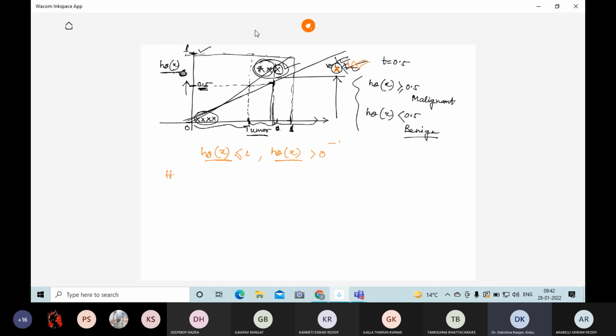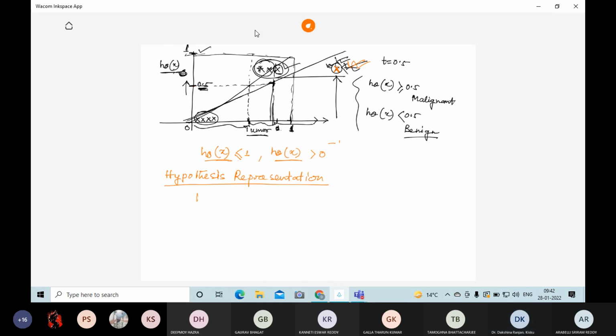With the hypothesis representation, we can bind this predicted value. In linear regression, with this defined threshold, we cannot bind the predicted value between 0 and 1. Now we have to bind this predicted value between 0 and 1.